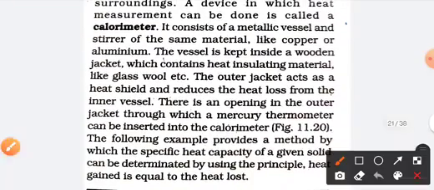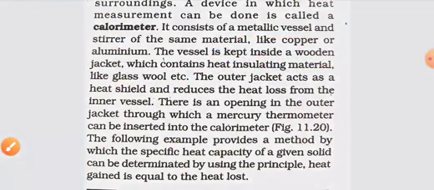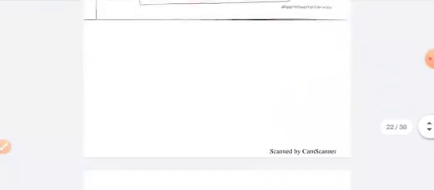So it consists of a metallic vessel and stirrer of the same material like copper or aluminium. The vessel is kept inside a wooden jacket which contains heat insulating material like glass wool. Heat insulating material means that material will not allow the transfer of heat from the inner part to the surrounding.